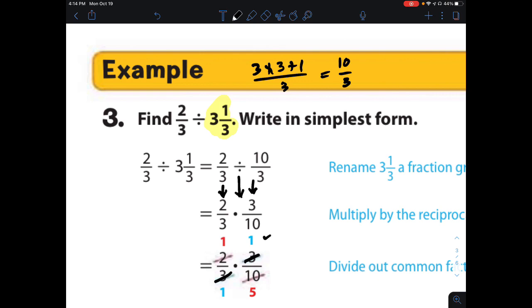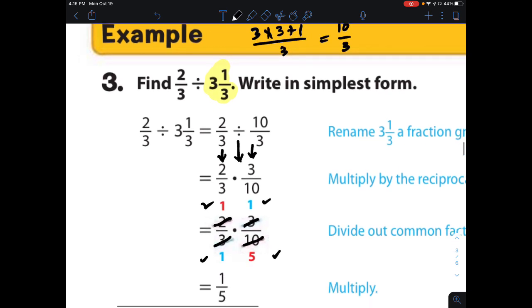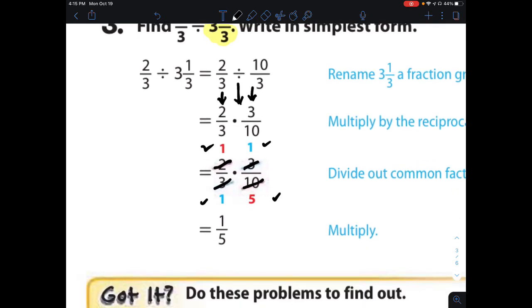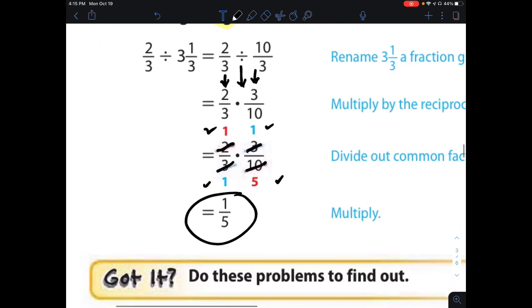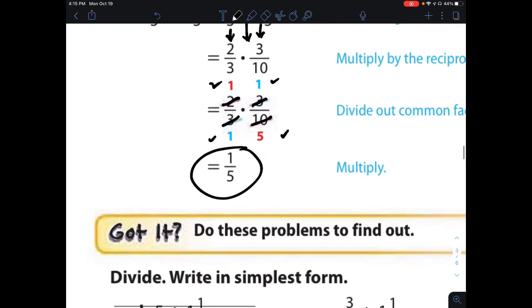That's why you have 1 and 1. 2 and 10 cancel out because the GCF is 2. 2 divided by 2 is 1. 10 divided by 2 is 5. Right there. So 1 times 1 is 1, and that gives you 1/5. So 2/3 divided by 3 and 1/3 is actually equal to 1/5.